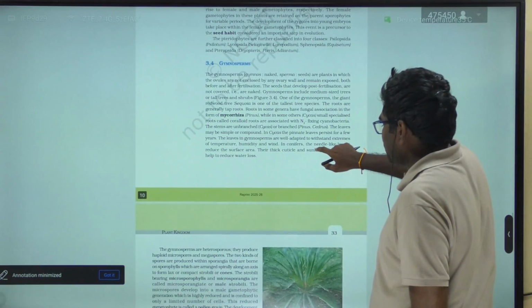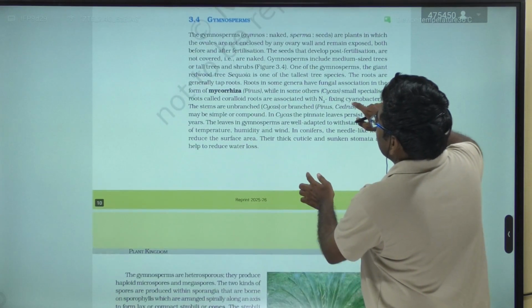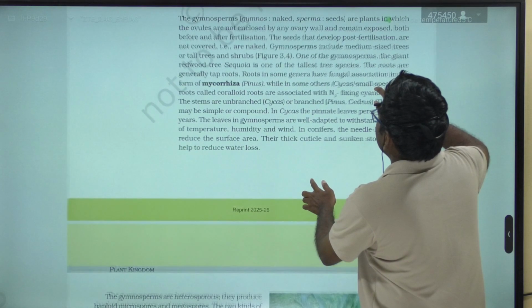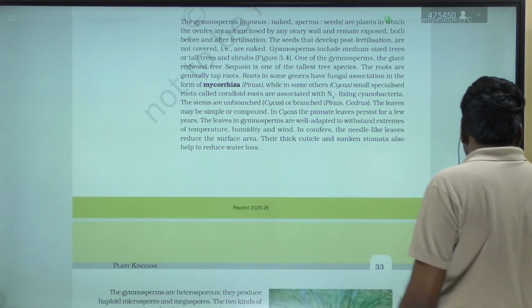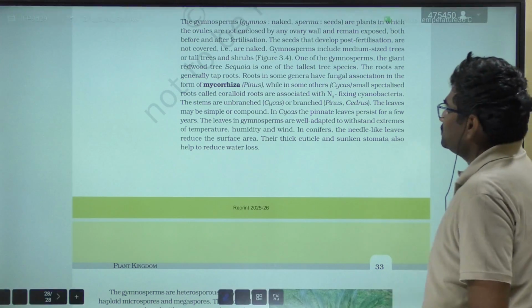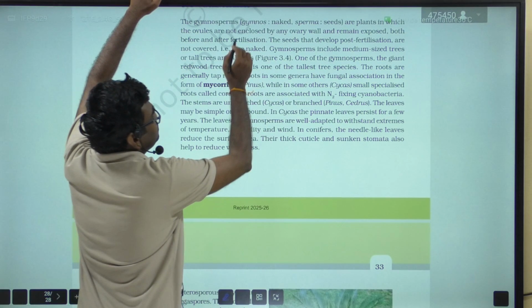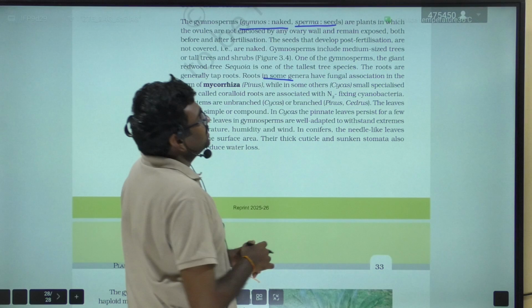Next, come to the Gymnosperms. Gymnosperms are very, very important. From this area also we got a question in 2025. So gymnosperms: gymnos means naked, sperma means seeds.